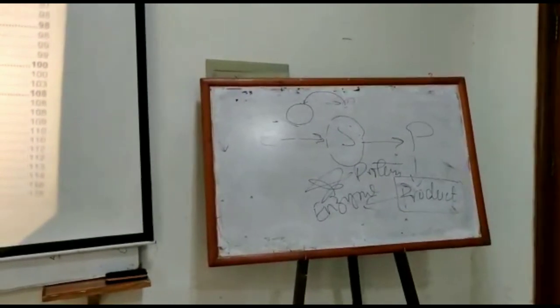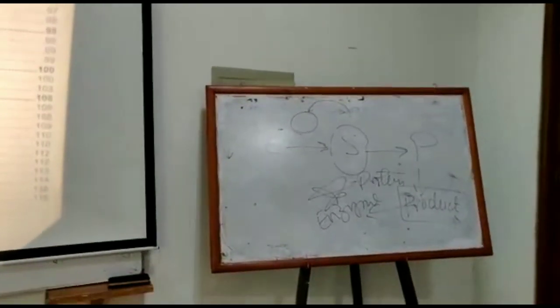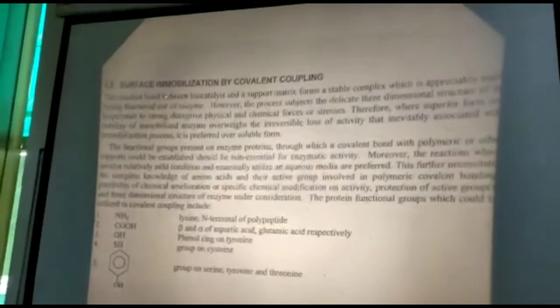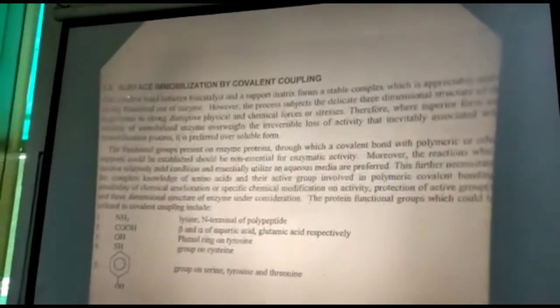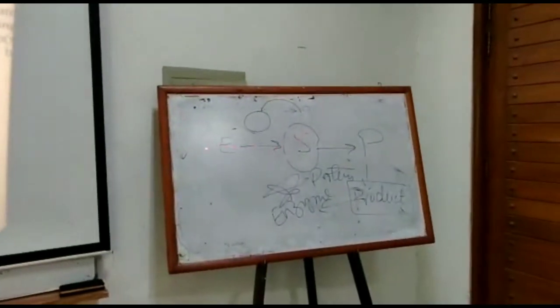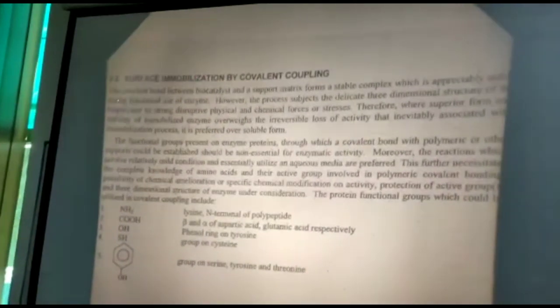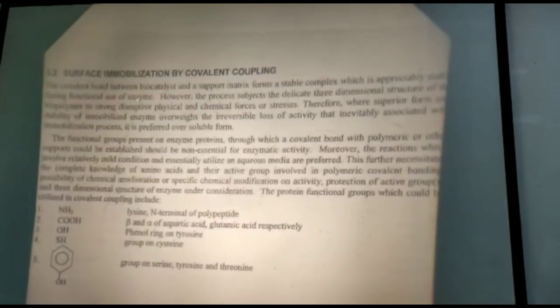Now in here, previously I did discuss the first method used to sustain enzyme upon substrate, which is surface immobilization by covalent coupling. The covalent bond between biocatalyst and support matrix forms a stable complex with appreciable stability during functional use of the enzyme.